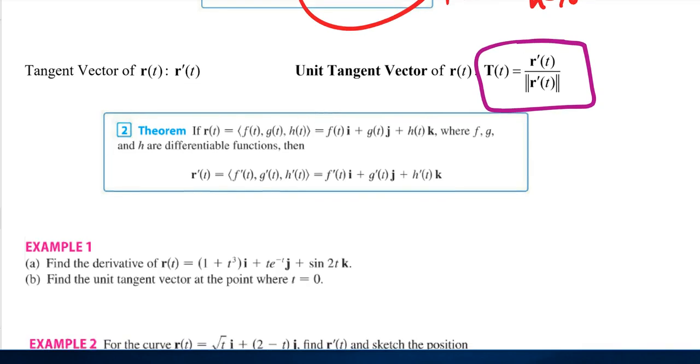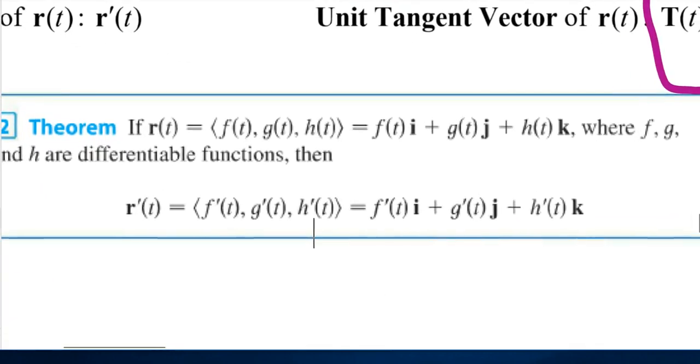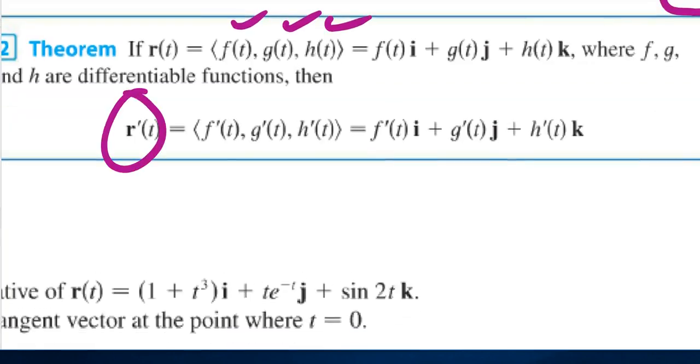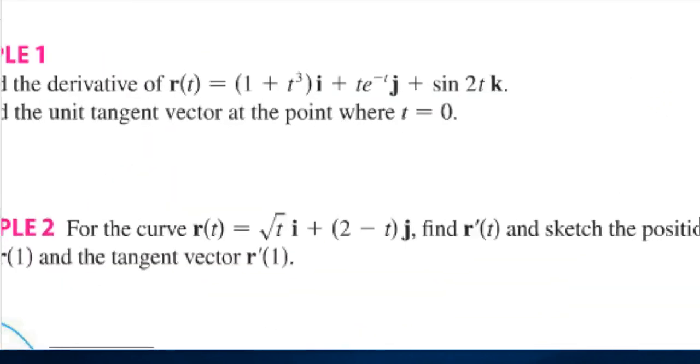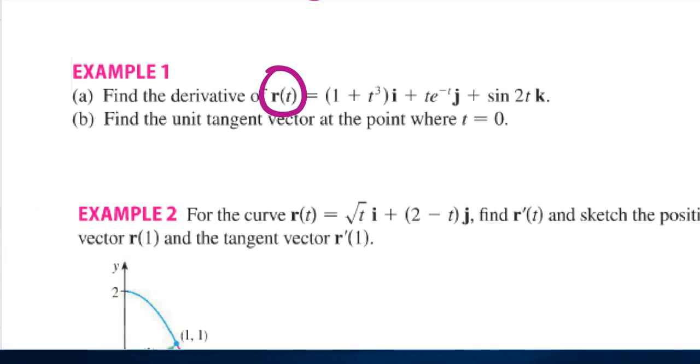If the individual terms of r of t are all differentiable, then r prime of t is just the derivative of each. I would assume you know how to find the derivative of r of t. You just take the derivatives and then find the unit tangent vector where t is 0.